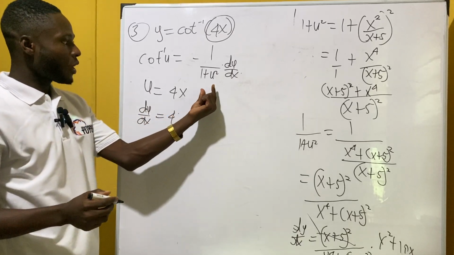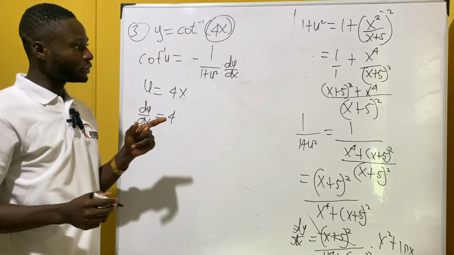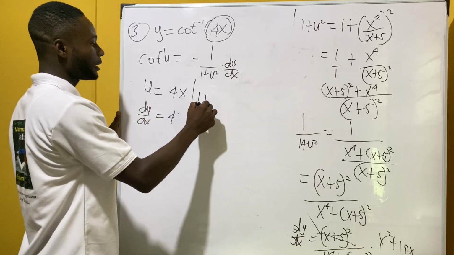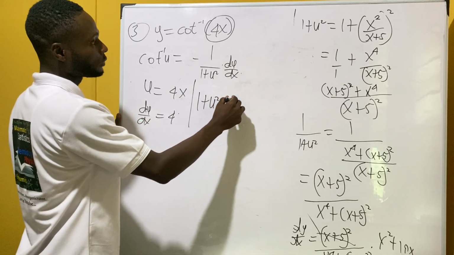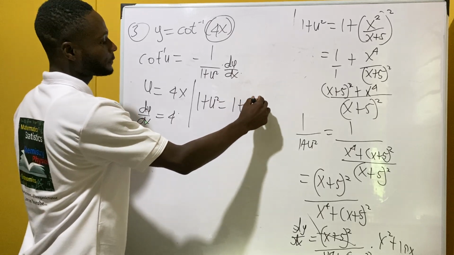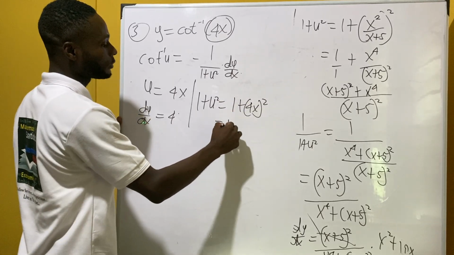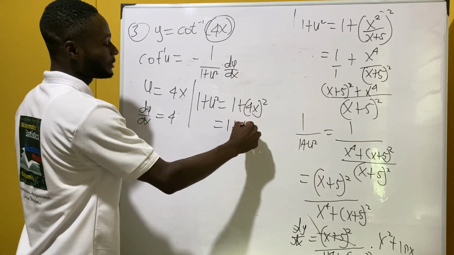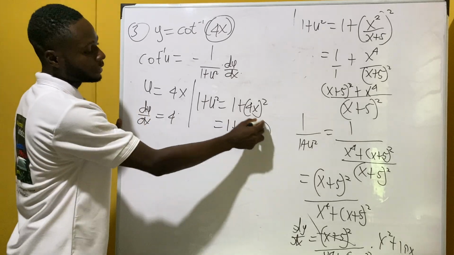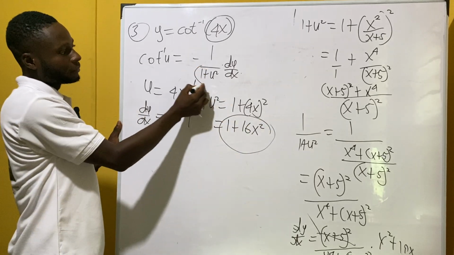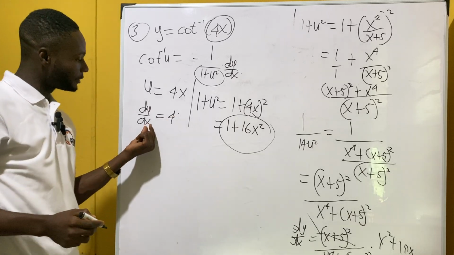So we have to identify our 1 plus u squared. So 1 plus u squared is equal to 1 plus 4x all squared, and this is equal to 1 plus 16x squared, right? So this is our denominator right here, and this is our du dx.